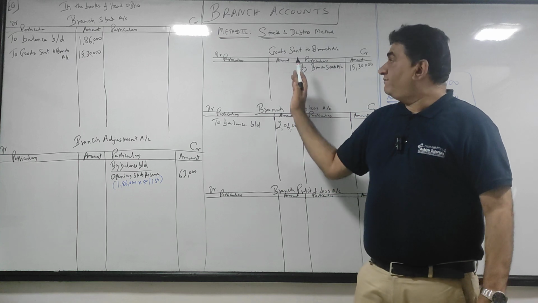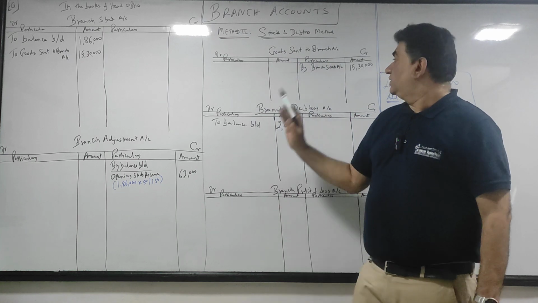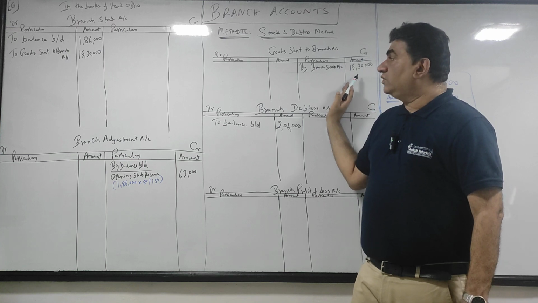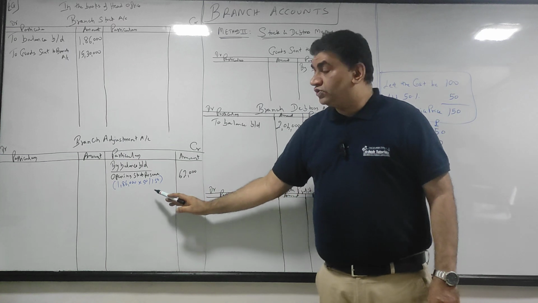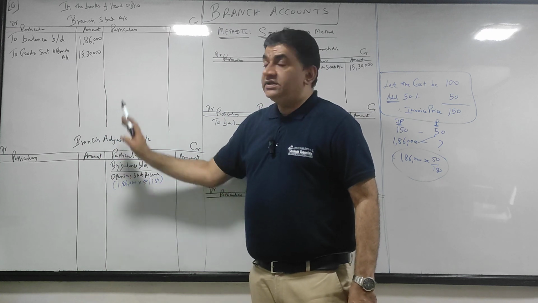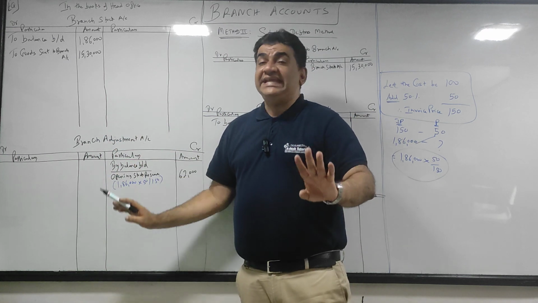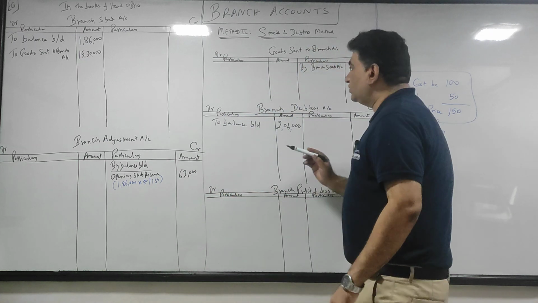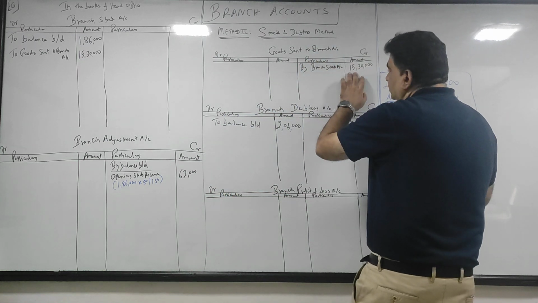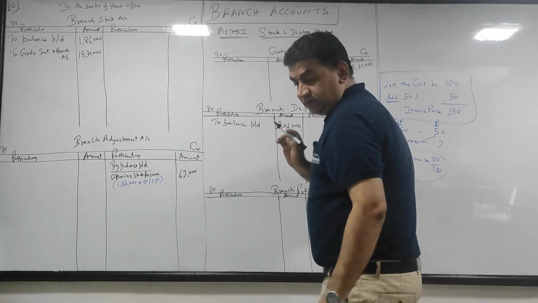Now because you have made goods sent to branch, we'll have to follow the second option. So this 1530 includes profit which has to come here. जो भी items यहाँ पे आएगा उसका profit इधर, जो यहाँ पे आएगा उसका profit इधर. But there are few items जिसमें profit नहीं निकालने का. I'll come to that. So now what you will do? This 1530 includes profit which has to come here.